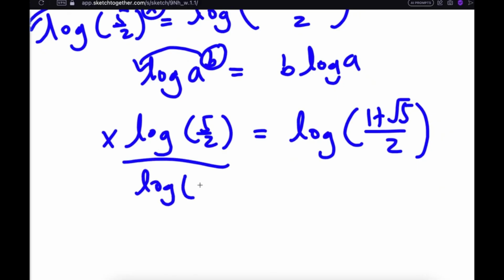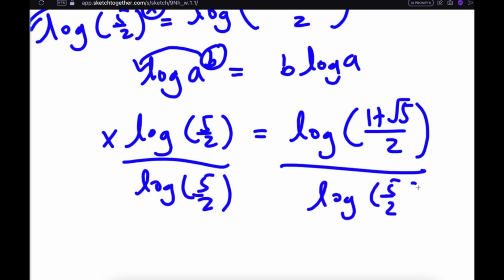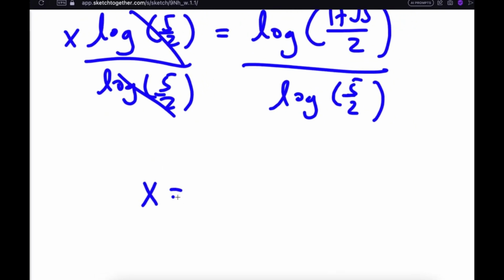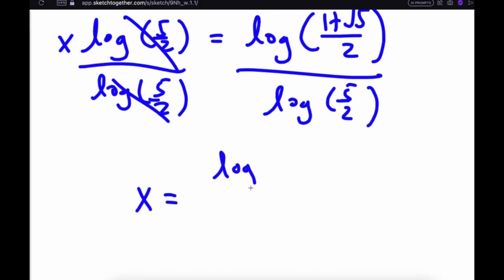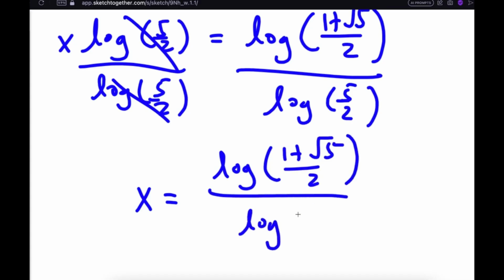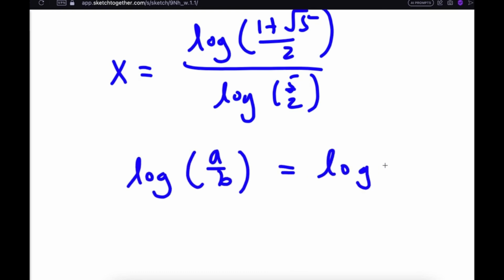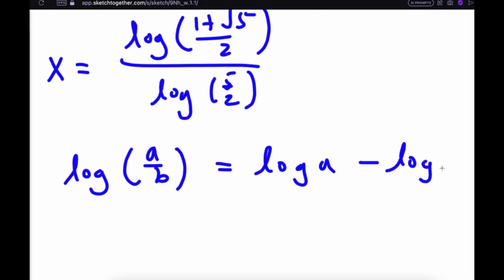So now if I divide log 5 over 2 on both sides, these two cancel out, and I will be left with x is equal to log of 1 plus the square root of 5 over 2, over log 5 over 2. Now if I have something in the form log a over b, this is equal to log a minus log b.